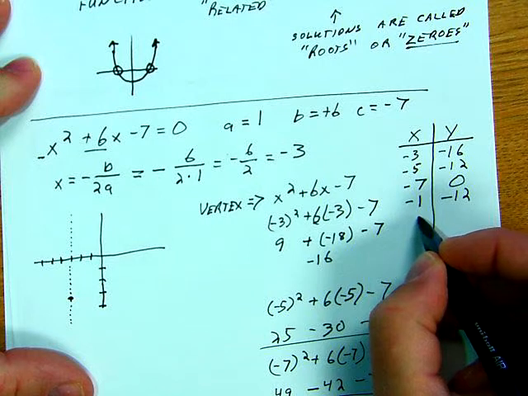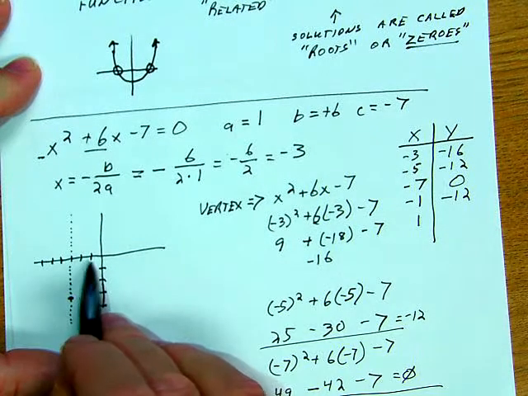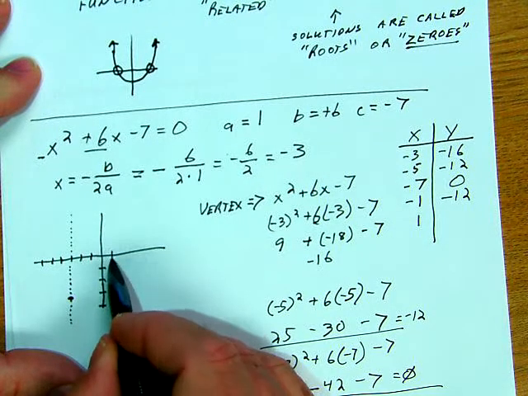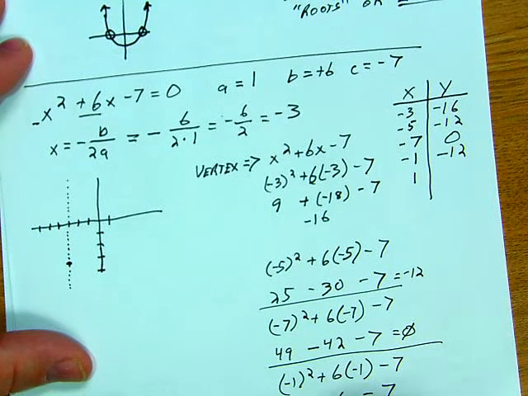Come over 2 more, so I've got the 1. Here's my 1 value. 1 squared plus 6 times 1 minus 7: 1 plus 6 minus 7 equals 0. The negative 1 is equal to negative 12.